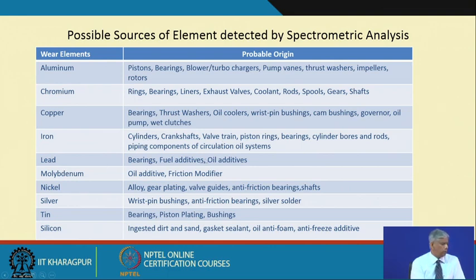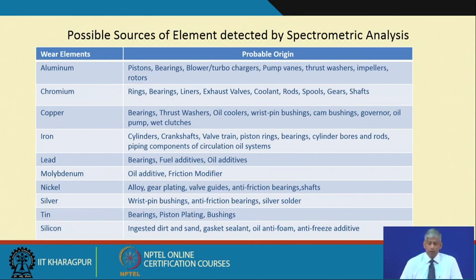Lead is used as an additive on bearings, molybdenum as an oil additive, nickel for hardening surfaces, valve guides and plating, silver in anti-friction bearings, solders, tin in bearings, silicon in dirt and sand, gasket sealant, oil anti-foam and anti-freeze additive.